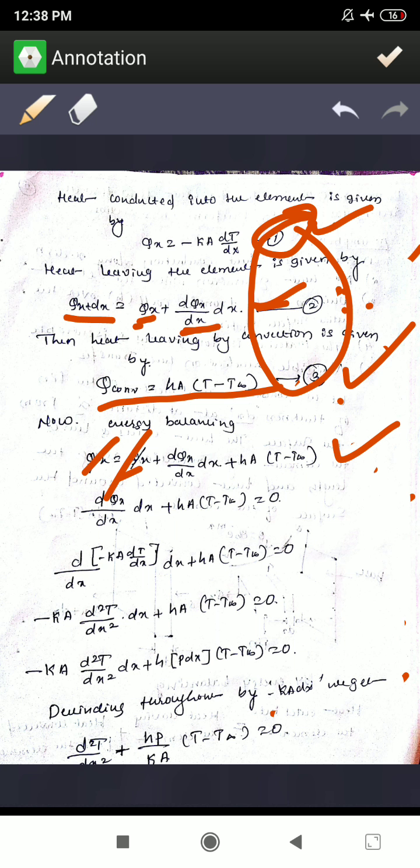So qx and this qx get cancelled. What we are left with is dqx by dx into dx plus hA (T minus T infinity).